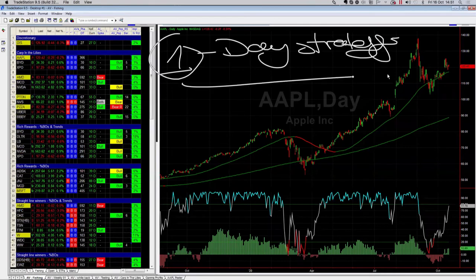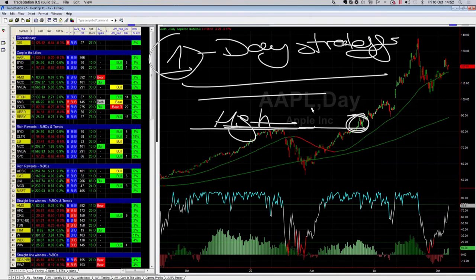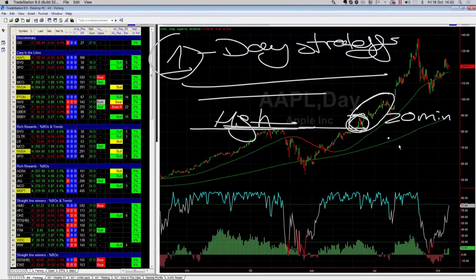My first day trading strategy was, let's assume that this is a daily chart, wait for the break of the previous day's high, and then trade the first pullback. That's it. So what you're doing is you're trading the opening bell momentum. So you just want a trade that lasts about 20 minutes, maybe up to 1 hour.